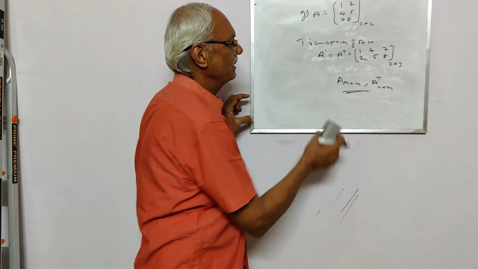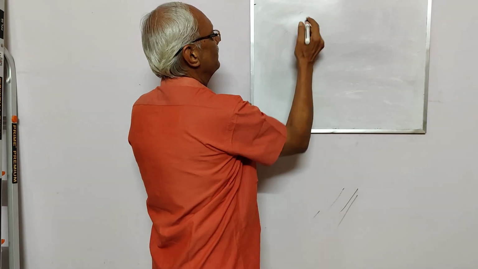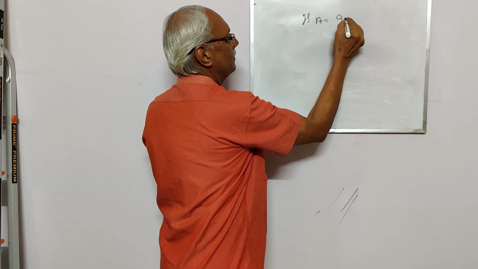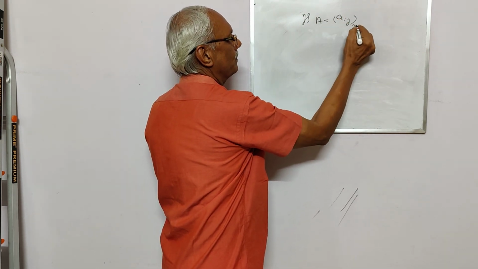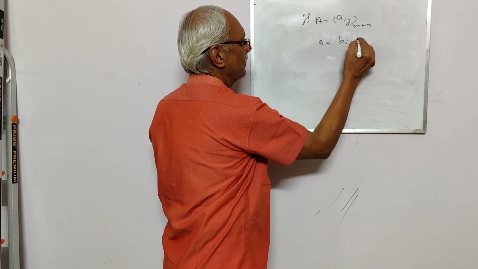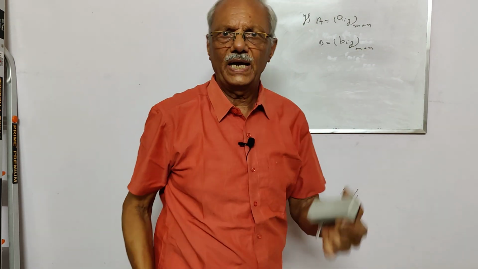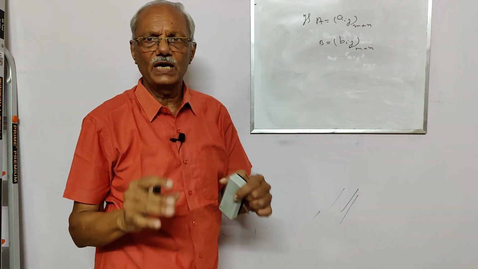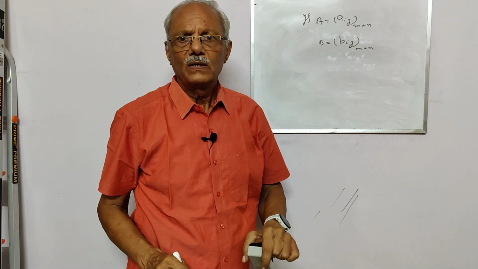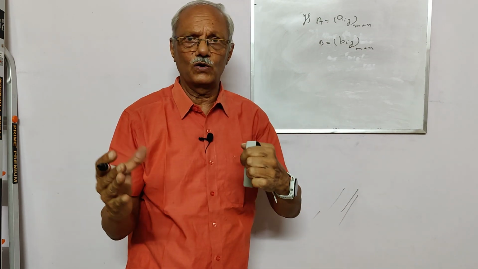Okay. Now, addition of two matrices. I give you two matrices. A is equal to Aij, M cross N, and B is Bij, M cross N. You see these two matrices are of the same order, M rows and N columns.